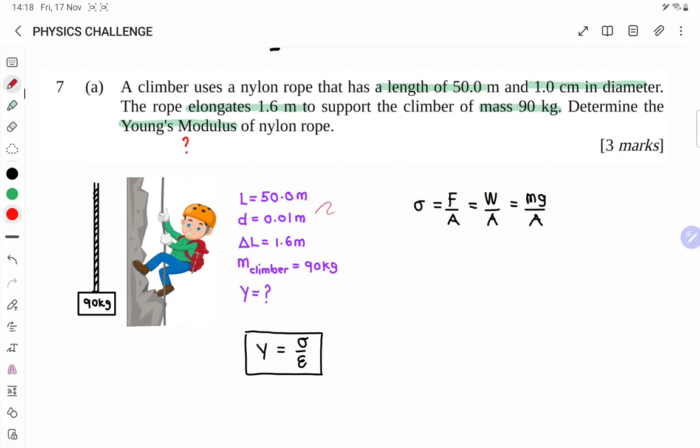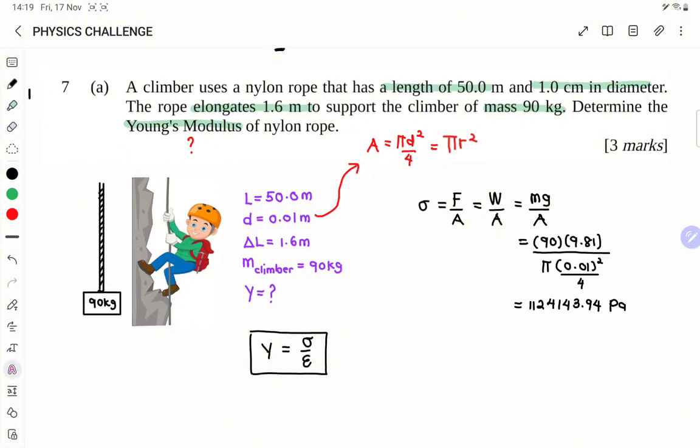We can use the diameter given to find the area, which is pi d squared over 4, or you can also use it in terms of radius, pi r squared. So now we just need to substitute the values for all the parameters. Then we will get the value for the stress, 1124143.94, and the unit is Pascal.